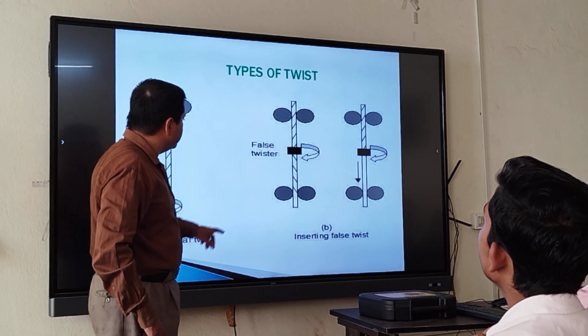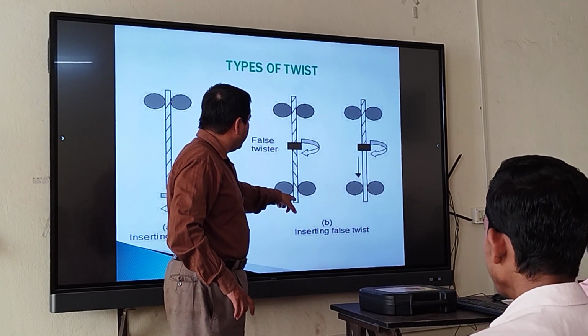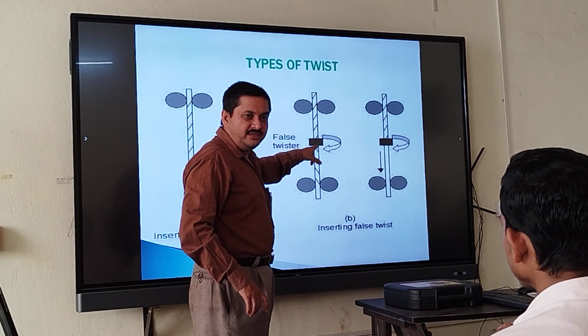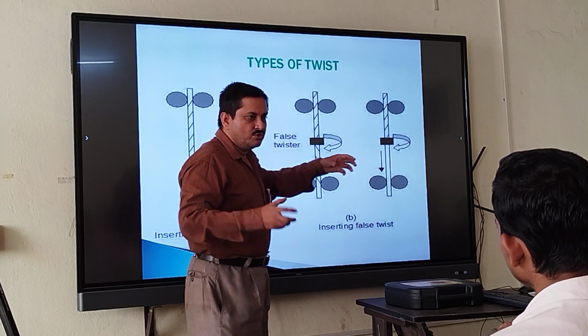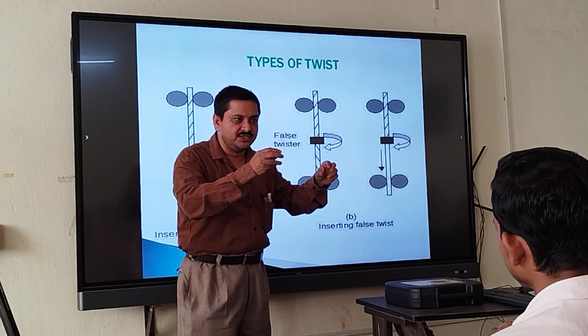But in false twist, you see, this is your material or yarn, I can say. So there are two gripping points, and right at the midpoint we have applied the twist. We are holding both sides of the yarn, maybe a fiber strand, whatever it may be, and we are applying the twist.